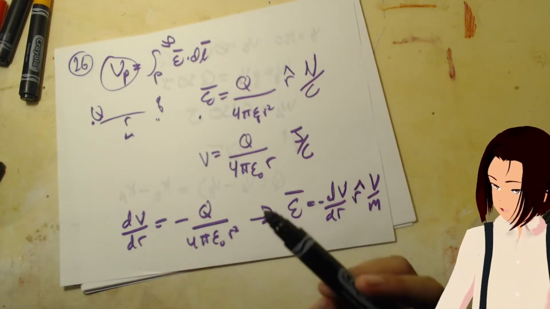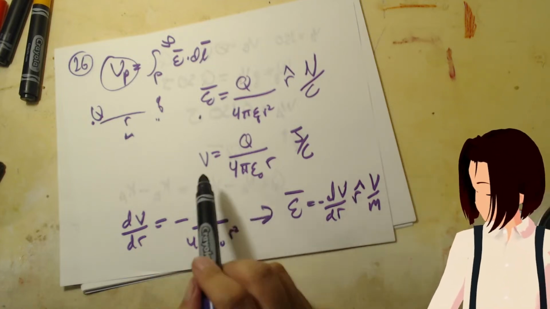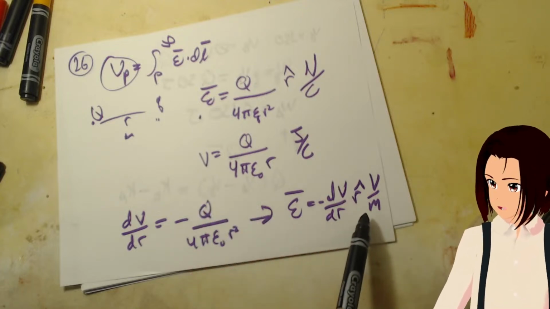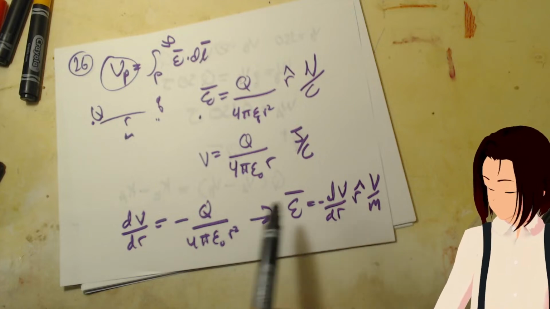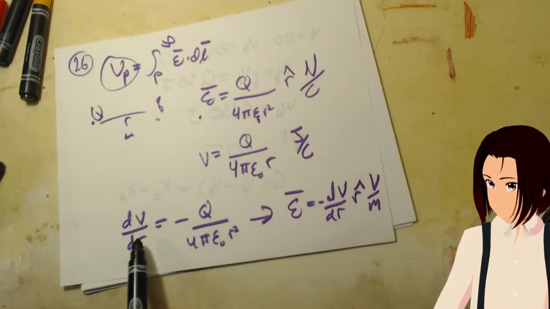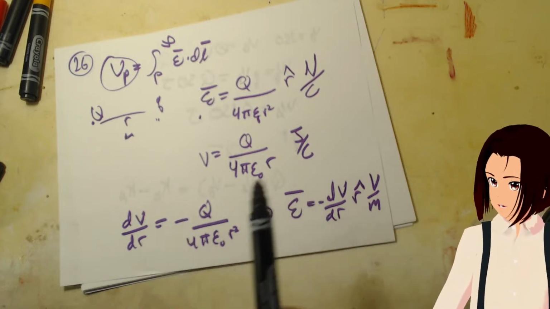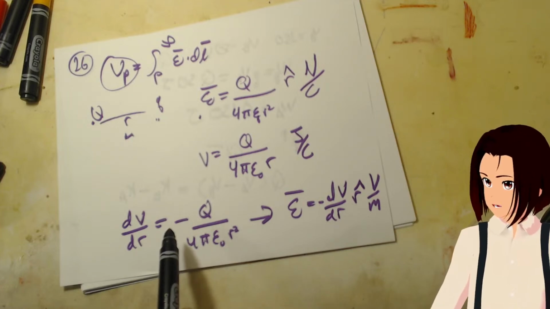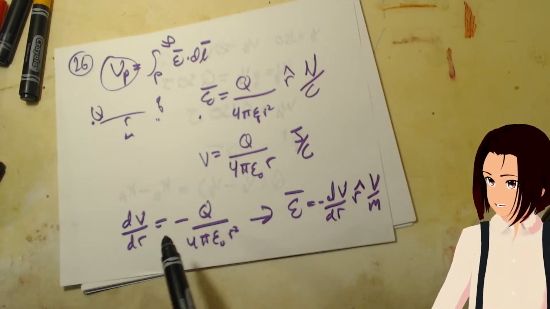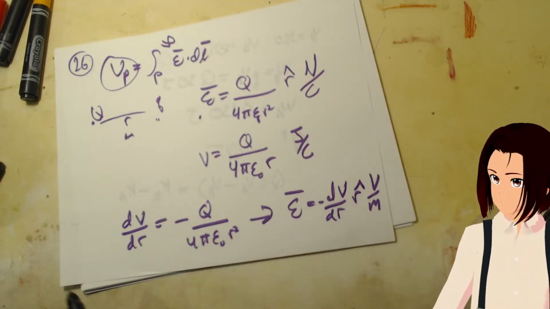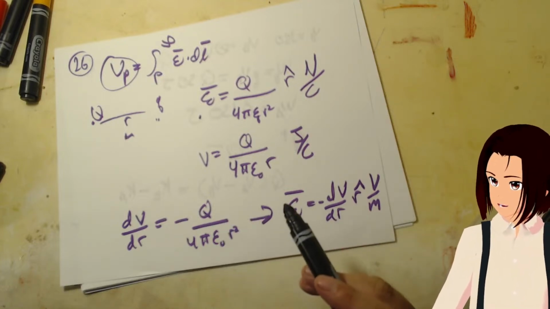So this way of thinking comes from dV over dr, distance, meters, volts per meter. Electric field is volts per meter. Electrical engineers think about this in terms of volts per meter, how far away you are from one part or the other.